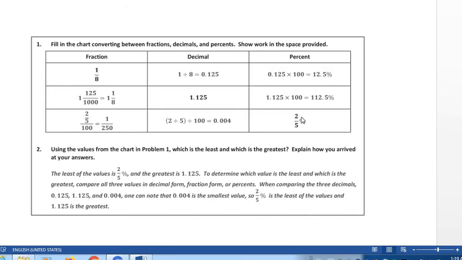And when I multiply the denominator by 2, I have to multiply the numerator by 2 as well. It will give you 4 over 10, which means 0.4. Divided by 100, it will be 0.004. It's very easy when I convert it to decimal.